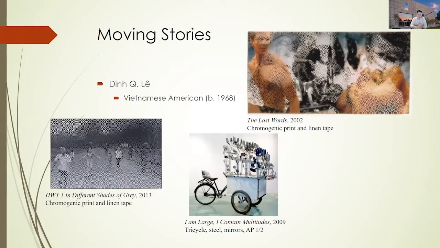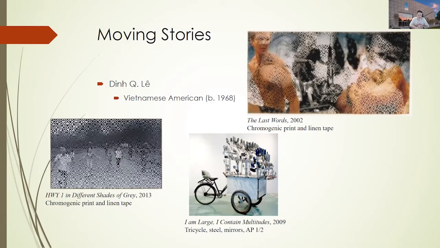So we're going back to Dinh Q. Lê, and like I said, he grew up in Vietnam during the Vietnam War, and then immigrated to the U.S. later as an older child or adult. I believe it said late 70s, so probably a teenager. So a lot of his work, the left side and then the top right, are the woven prints that we talked about, the woven photography.